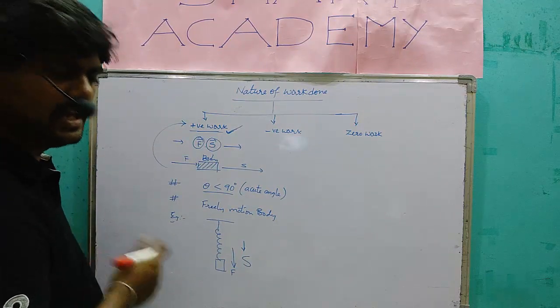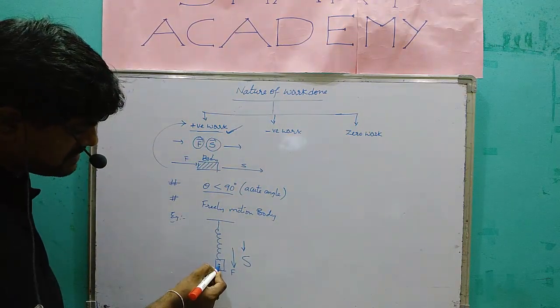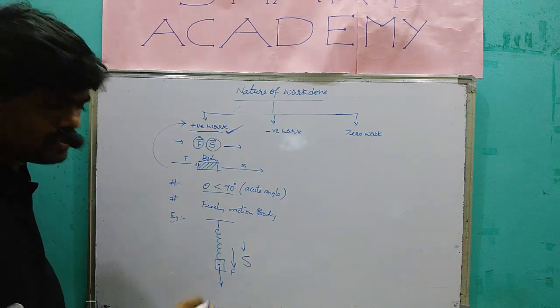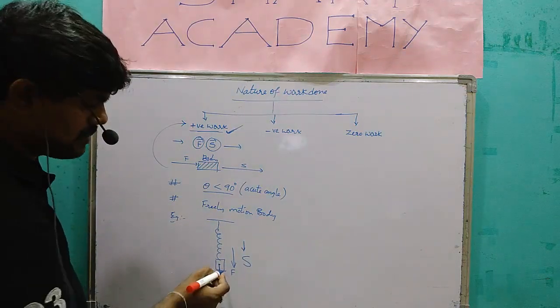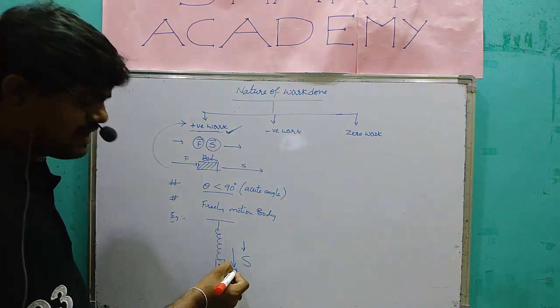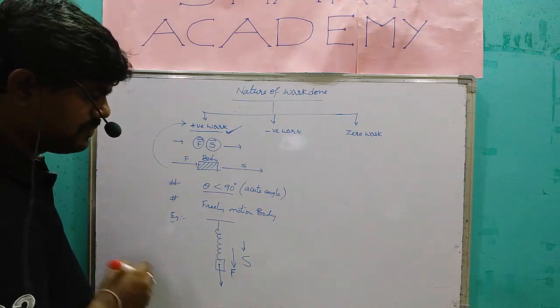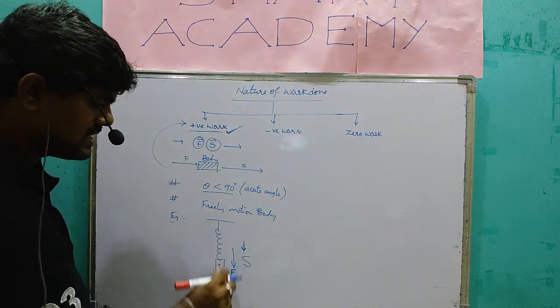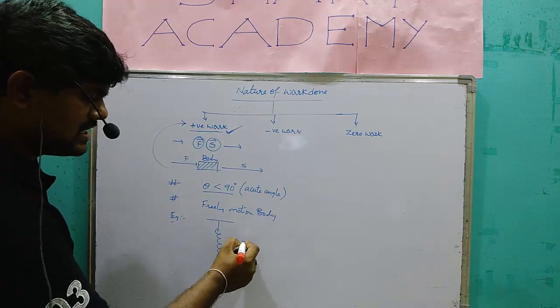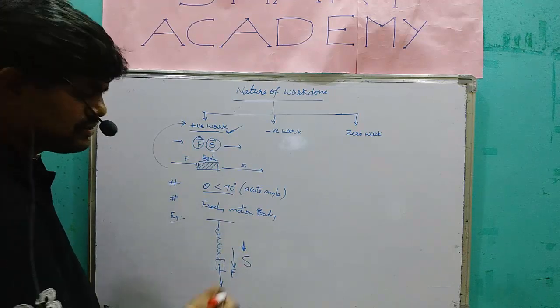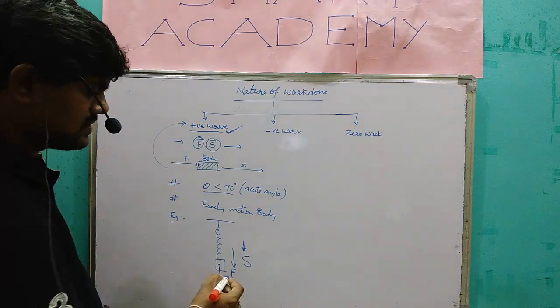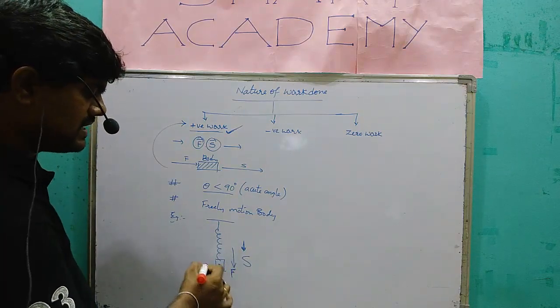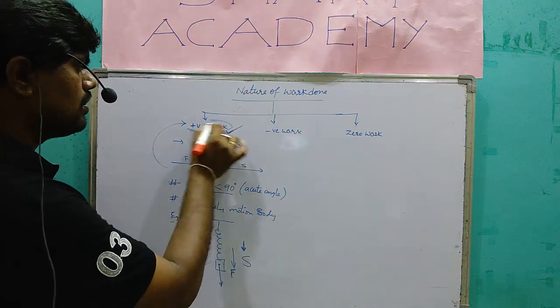When we pull this load downward, the applied force F is downward, and the displacement of the spring as it extends is also in the same direction. That's why the stretched spring is a good example of positive work.